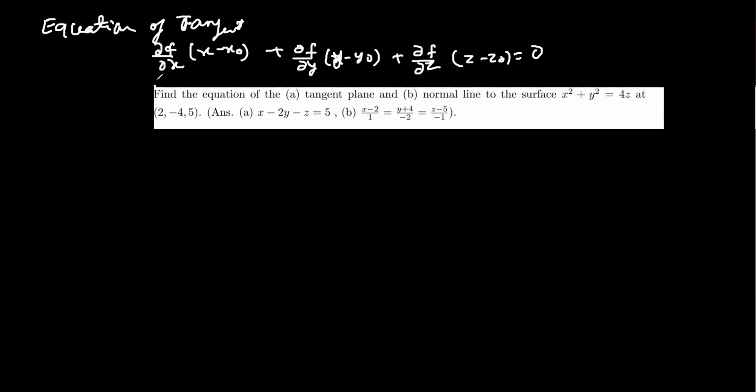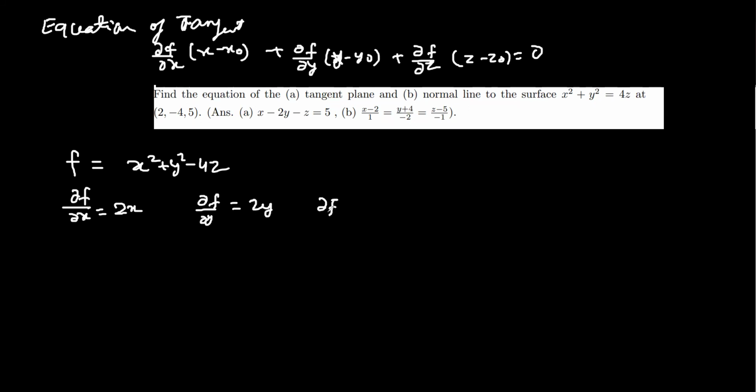So first of all, we have to find del f, del x, del y, right? Understood? And what is f? f is nothing but x square plus y square minus 4z. This is function f. So del f upon del x will be 2x, del f upon del y will be 2y, del f upon del z will be minus 4.